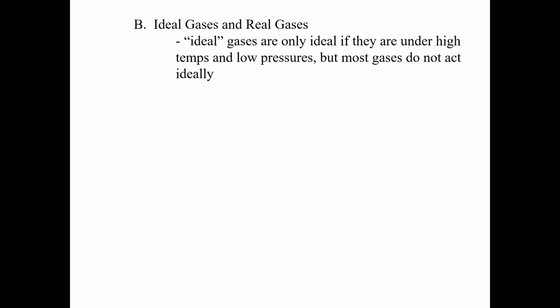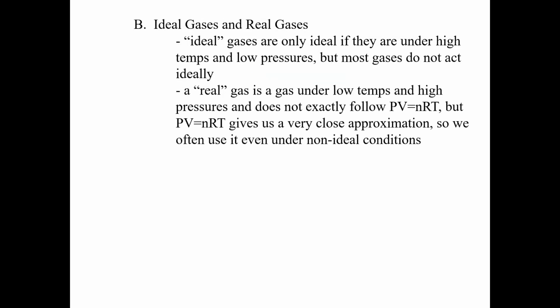But other gases, you might have other situations where the gas might be at a really low temperature or a really high pressure, in which they would not be acting ideally anymore. So a quote-unquote real gas is a gas that has low temperatures and high pressures and doesn't exactly follow PV equals nRT anymore.